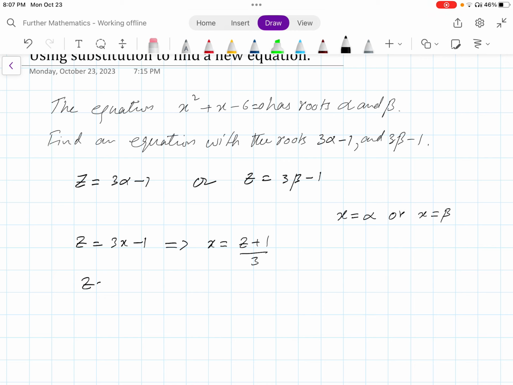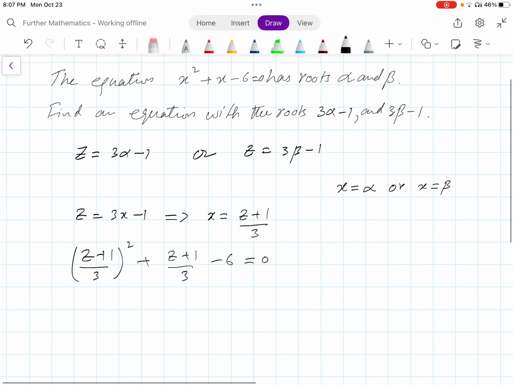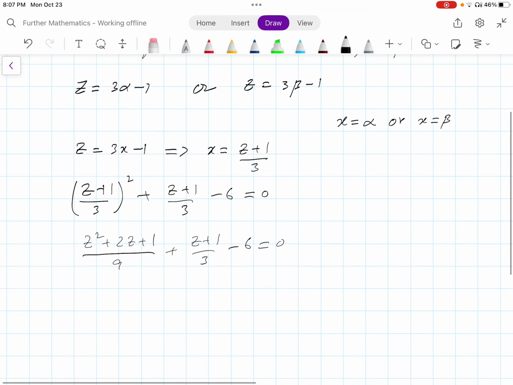So it's ((z plus 1) over 3) squared plus (z plus 1) over 3 minus 6 equals 0. This gives you (z squared plus 2z plus 1) over 9 plus (z plus 1) over 3 minus 6 equals 0.